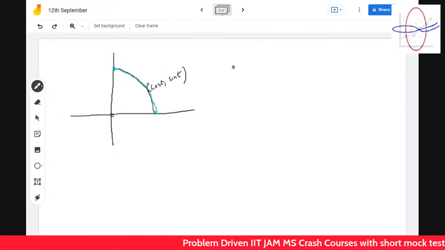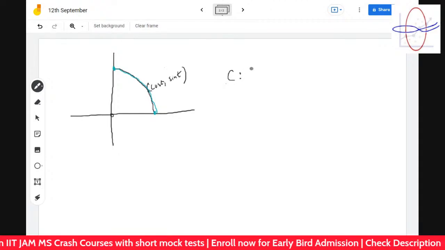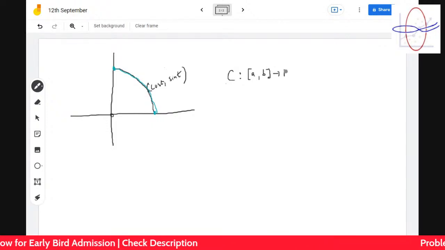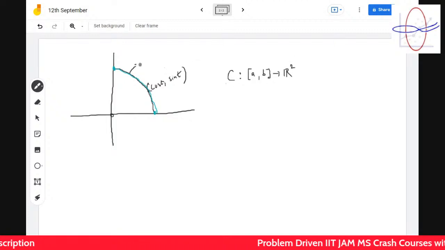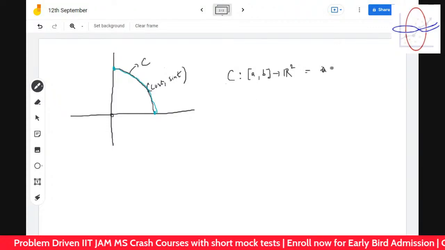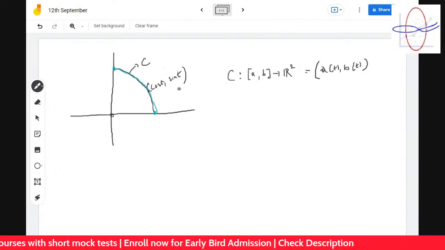Let's say we have a curve C going from a to b. C is a curve, so it's a function from the interval a, b on the real number line to R2. This curve C is denoted by a parametric form, here cos t comma sin t.